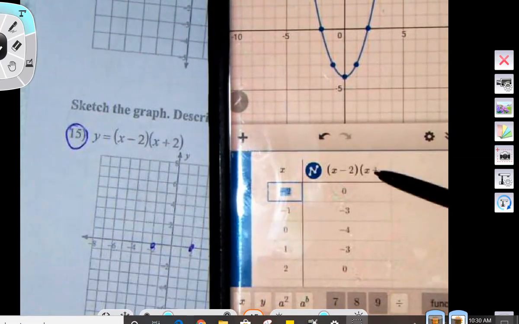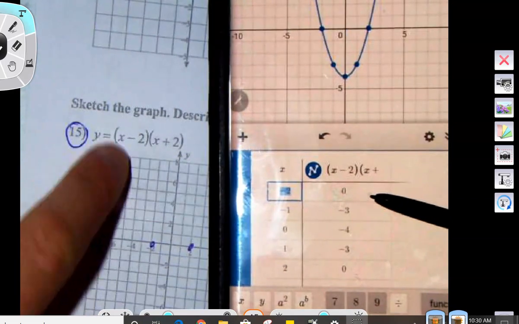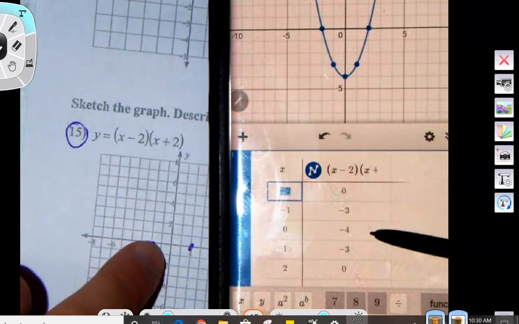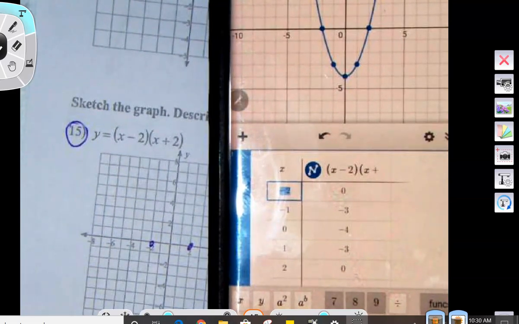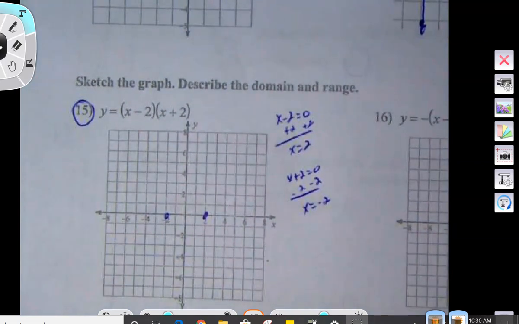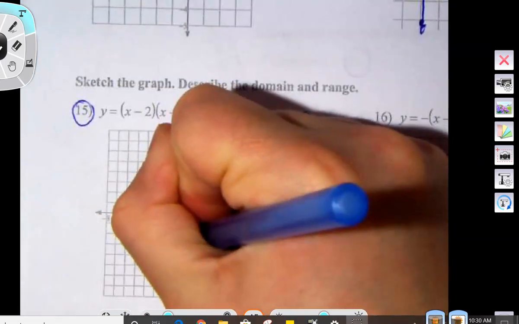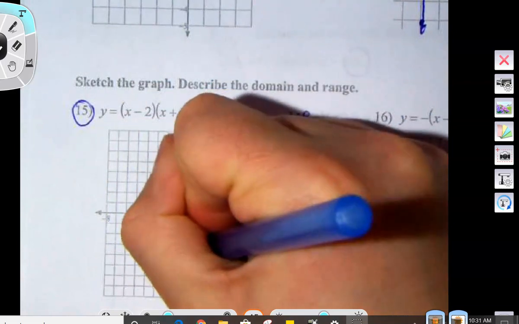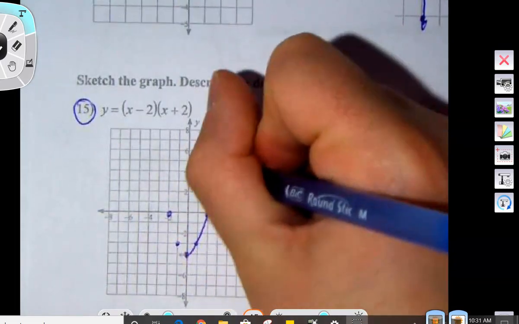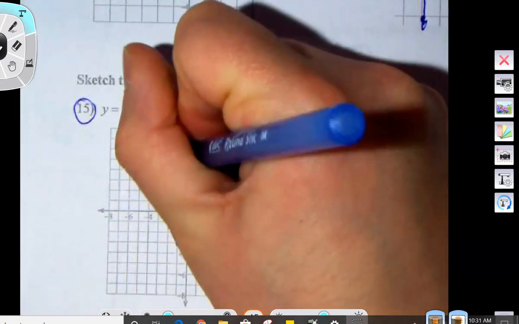So I can use these values here, -2, 0, which was our x-intercept that we calculated, right? It was ZPP, -1, -3, 0, -4, 1, -3, and 2, 0. So it already gives me that symmetrical effect. So -1, -3. We have 0, -4, and we have 1, -3, so we can go ahead and graph that, and it should look something like that.